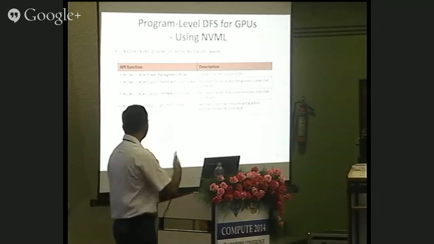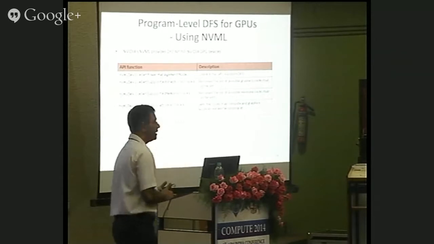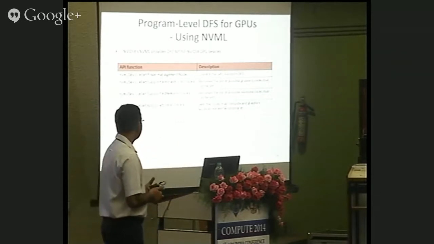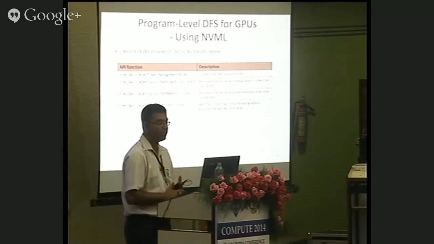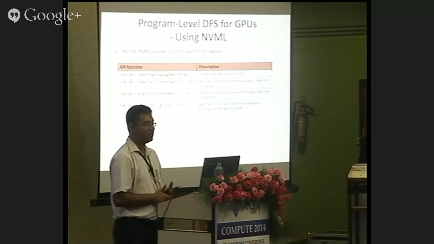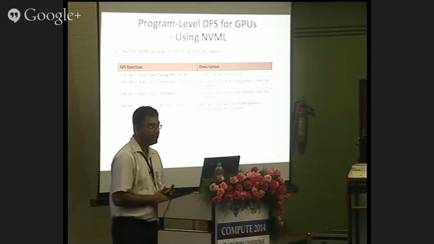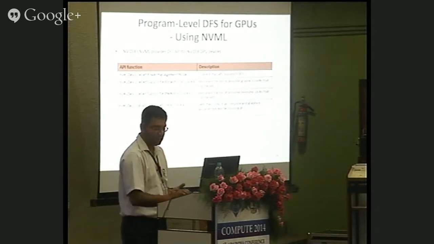NVIDIA supplies APIs that are pretty similar to those for CPU frequency. You can check if the GPU supports DFS, get a list of possible graphics clocks that can be set, get a list of possible memory clocks, and finally set the clocks for the application to run.